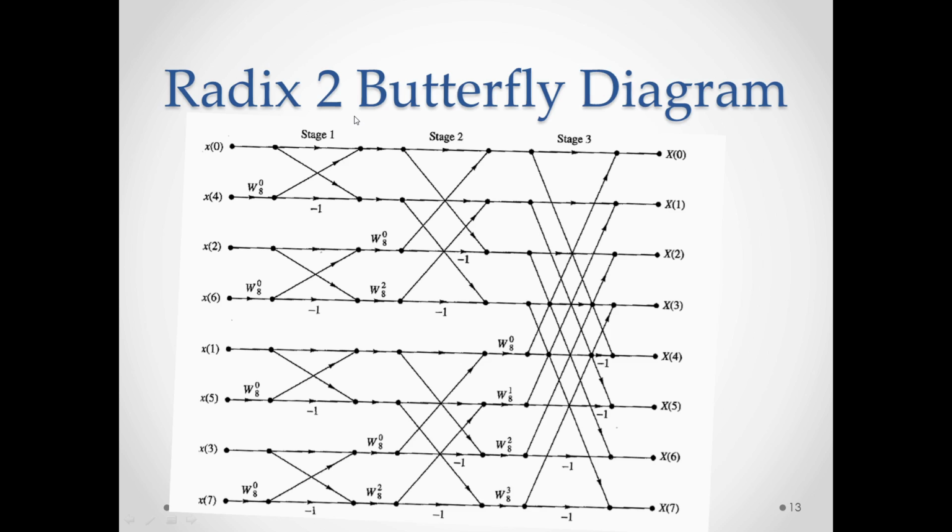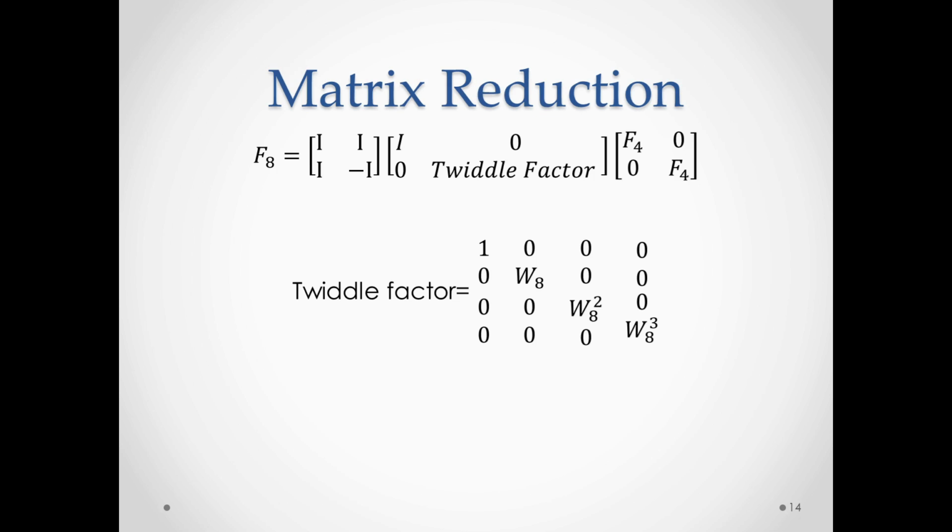And if we look at our butterfly diagram, we can see that these two terms are basically addition, whereas these two terms are basically subtraction. So in a butterfly diagram, each stage is created using a matrix.